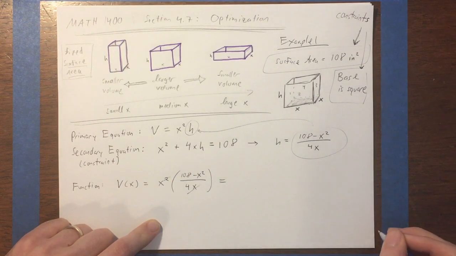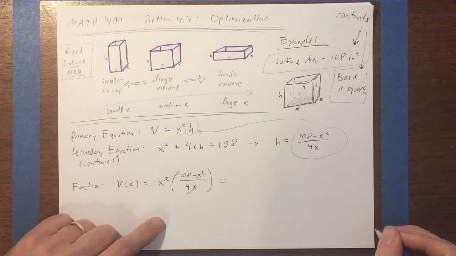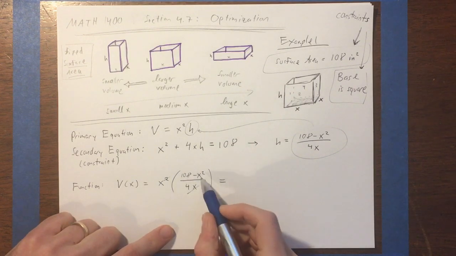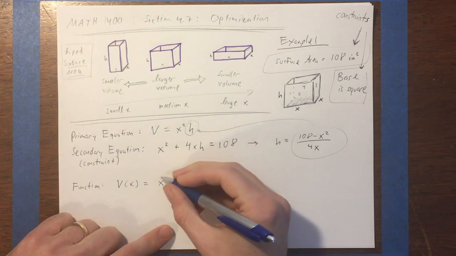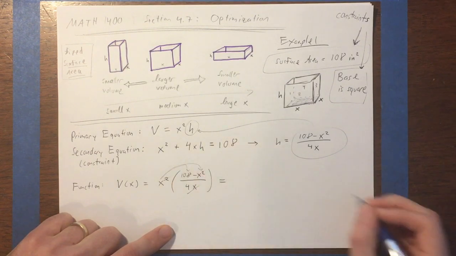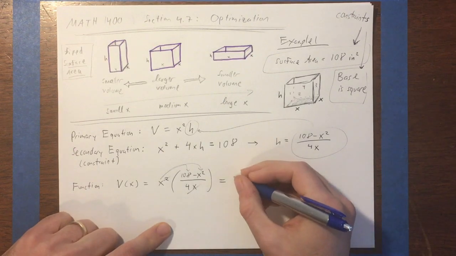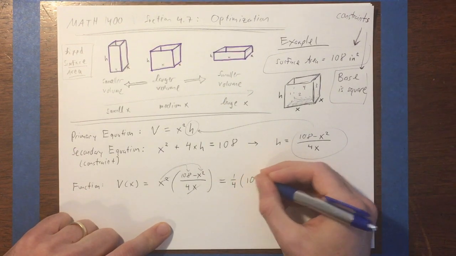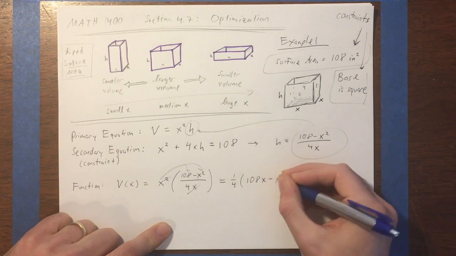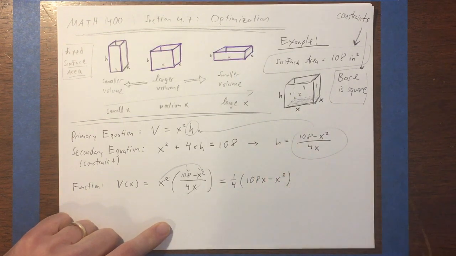So that's nice. And then for another thing, the x can be distributed through here. The x we have left over, we can multiply that through here. So let's write that as 1/4 times (108x minus x cubed). There we go.